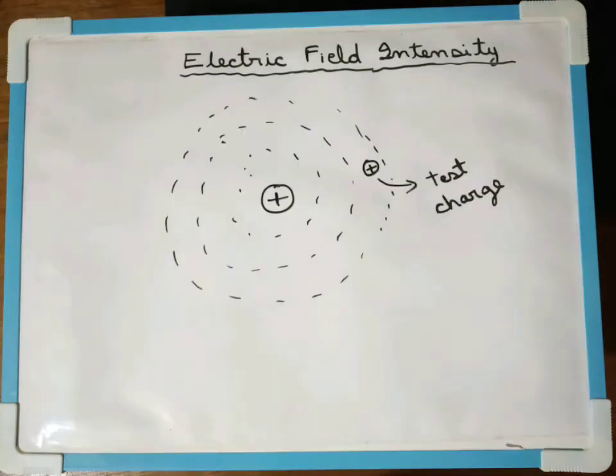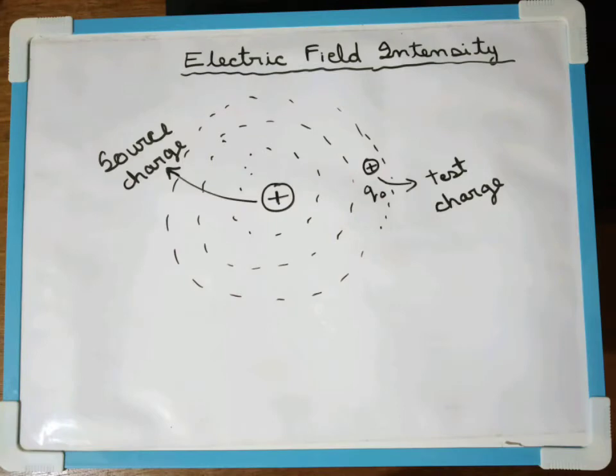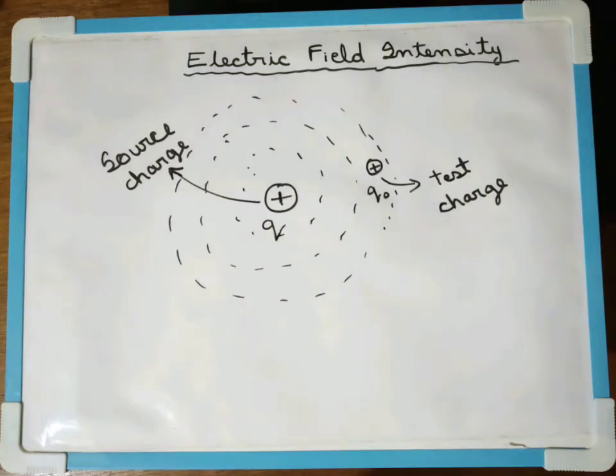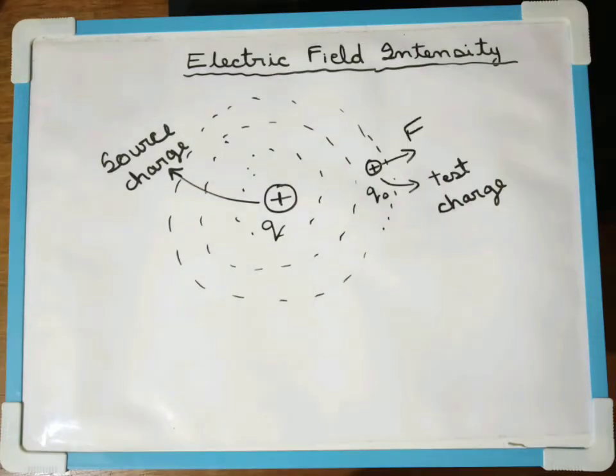It will not affect the electric field produced by this source charge, right? And the test charge is usually denoted by Q0, and the source charge is denoted by the letter Q. So now this test charge, since it is positive, it will experience a force of repulsion.